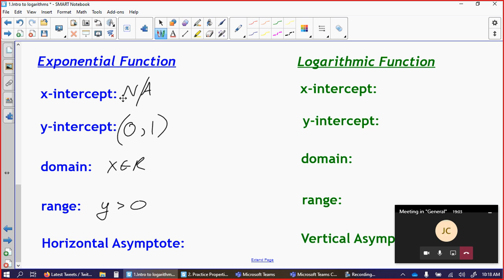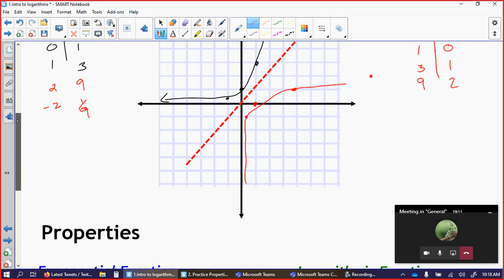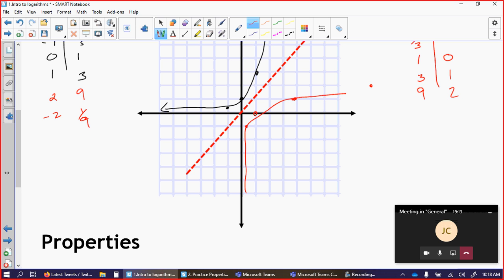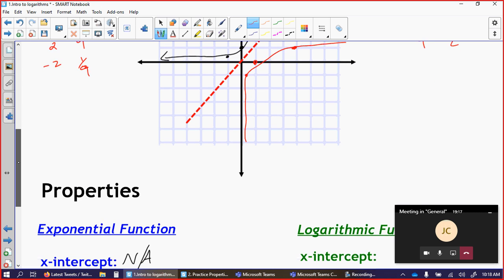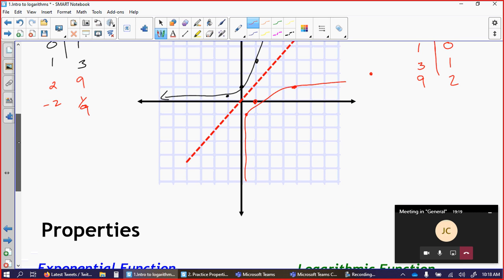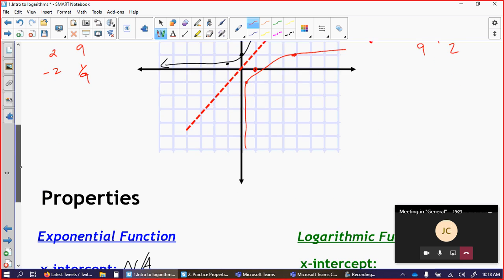If this one has no x-intercept, then y equals log x is never going to cross the y-axis, because if this never crosses the x, this one's never going to cross the y.